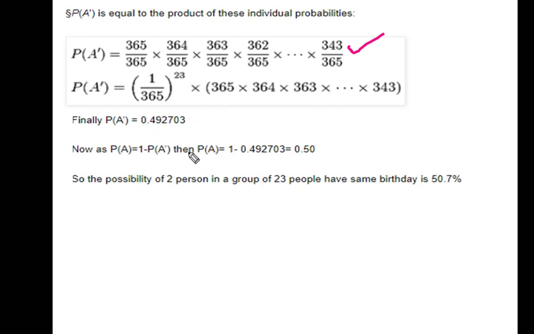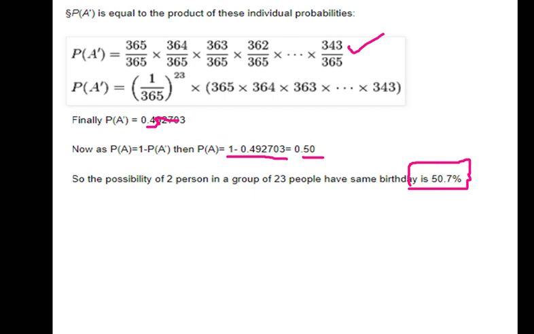So we will get the result as 0.49. Then the probability that at least two students share the same birthday means we calculate 1 minus the probability of this one. So we will get 50.7%. The possibility that in a group of 23 people two have the same birthday is about 50%.